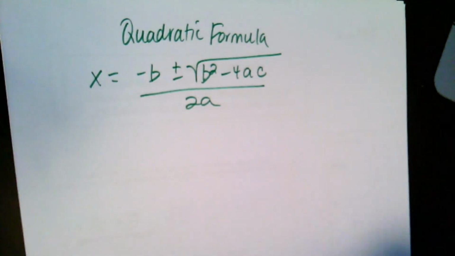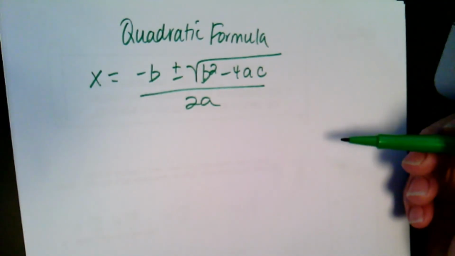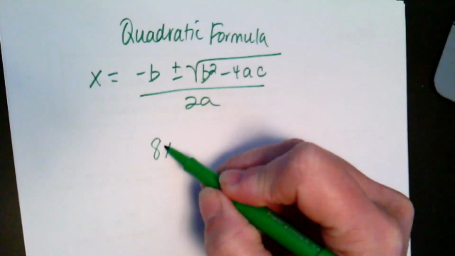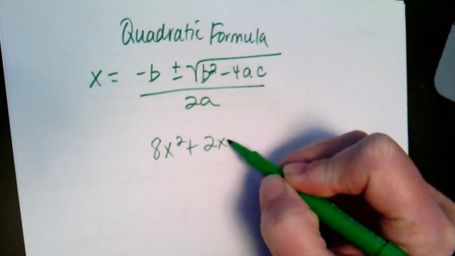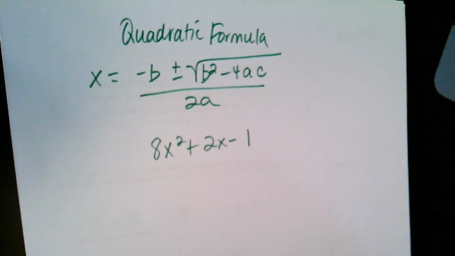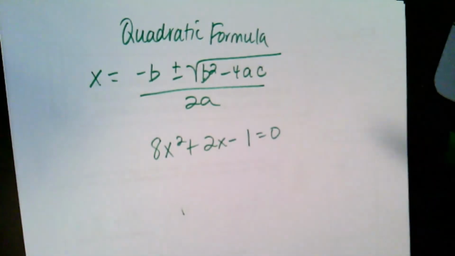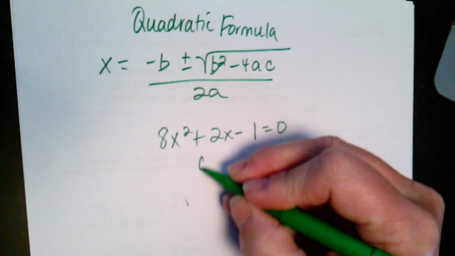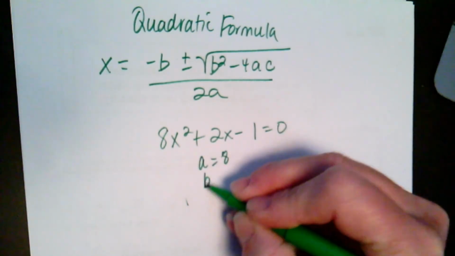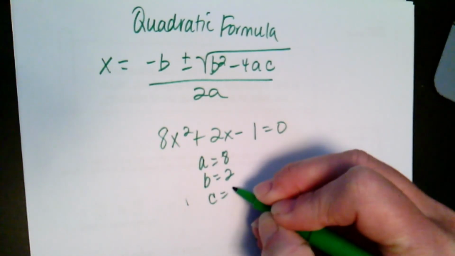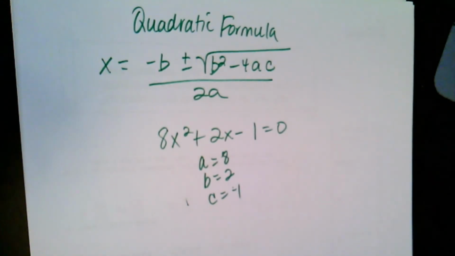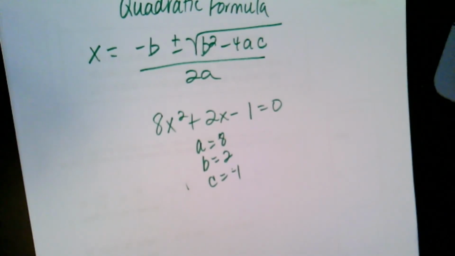Alright, so remember, your A, B, and C is when you have your equations in standard form. This is our A term, B term, C term. So in this case our A is 8, our B is 2, and our C is -1. Alright, so we're just going to plug it in.